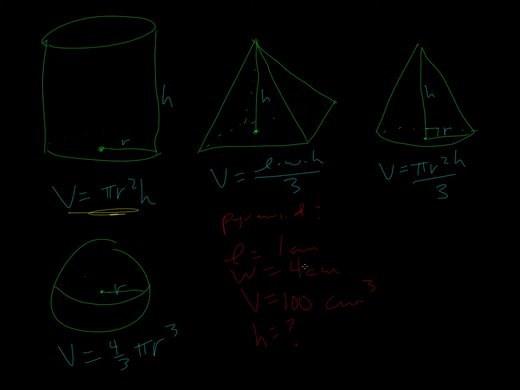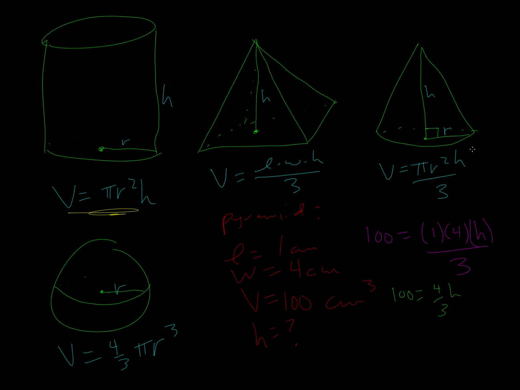Since it's a pyramid, we're going to use this formula. We know the volume, so that's 100. We know the length, so that's 1. We know the width, that's 4. We don't know the height, so we just say h, and that's all divided by 3. We simplify this, so 100 is equal to 4/3 h.